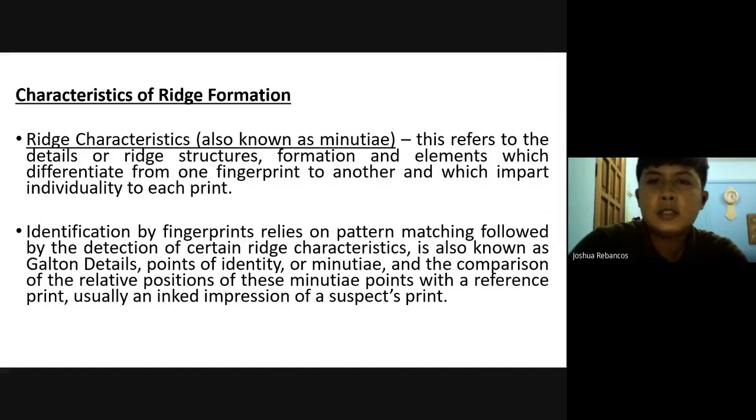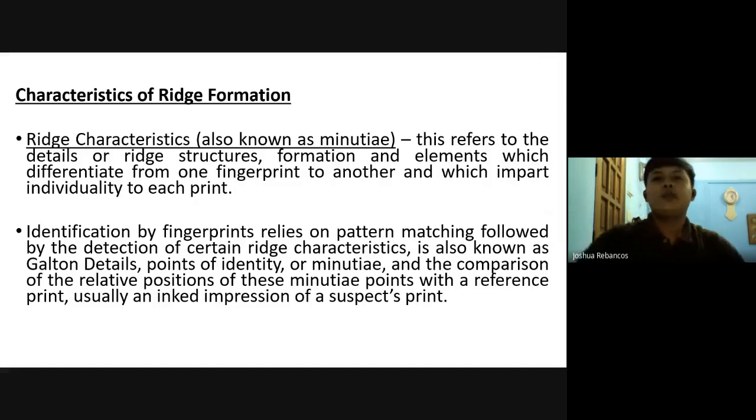Okay, sa characteristics naman, ito yung mga example, marami siyang incipient ridge. Ibig sabihin yung mga malnourished o yung very thin na mga ridges. So kung nakita nila dun sa isa, healthy at puro konti lang yung incipient ridge, ibig sabihin may kono dun. In the comparison of the relative positions of this minutiae points with a reference print, usually an ink impression of a suspect's print.